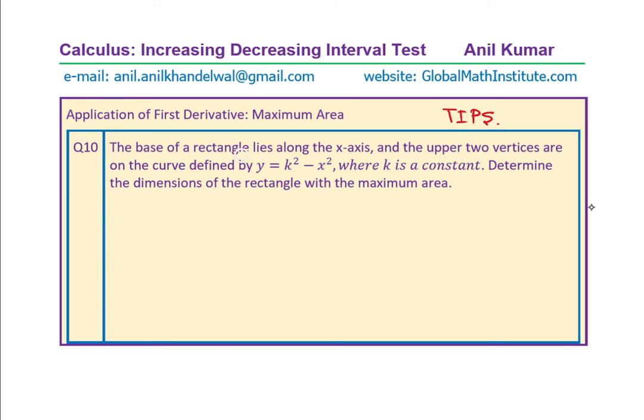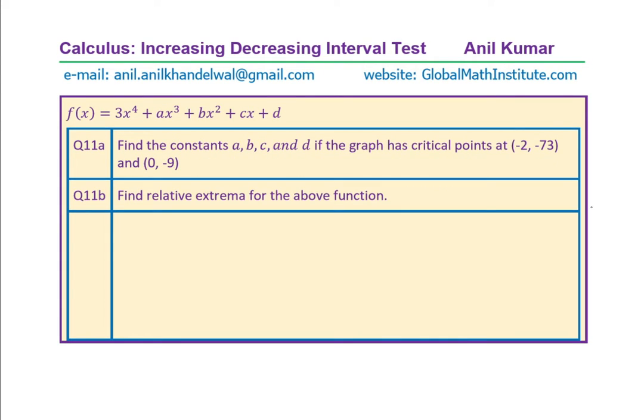The base of a rectangle lies along the x-axis and the upper two vertices are on the curve defined by y equals to k square minus x square, where k is constant. Determine the dimensions of the rectangle with maximum area. So you have to maximize the area, right? Very good question, seen in past test papers.